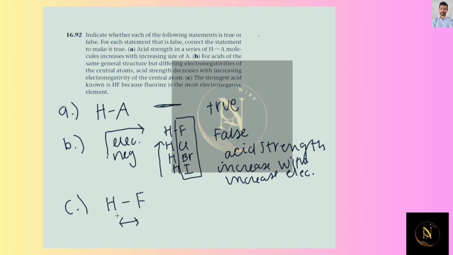So therefore, the HF bond barely gets broken, and therefore cannot form the H plus ions and the F minus. And if you don't have any H plus ions, you can't have an acid, so therefore it's going to be false. And so therefore it's one of the weakest acids due to it not being able to break the HF bond.